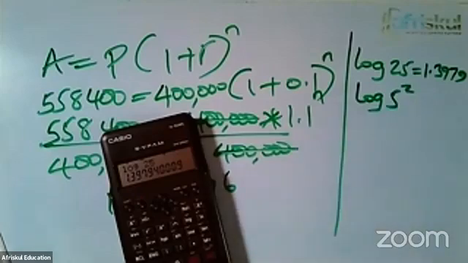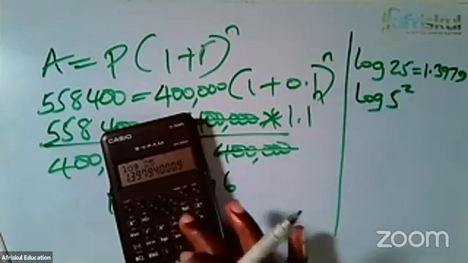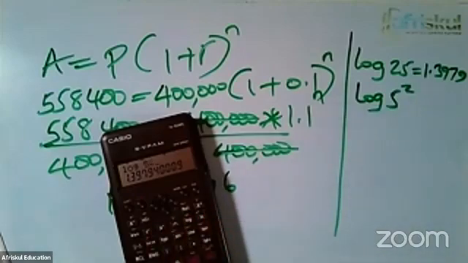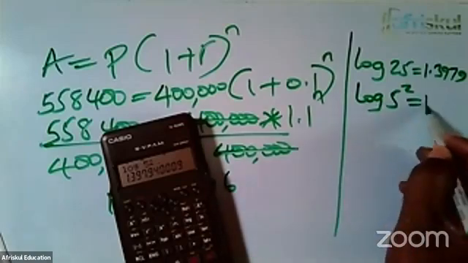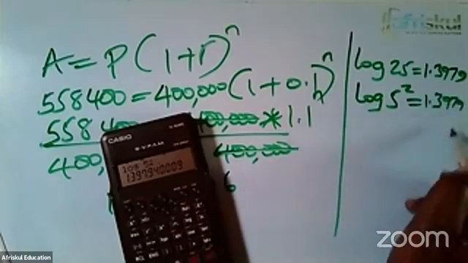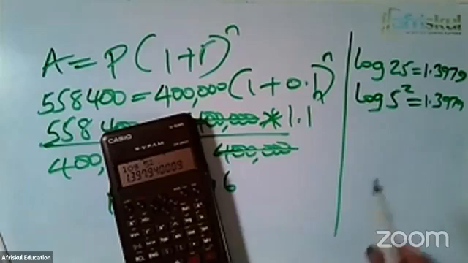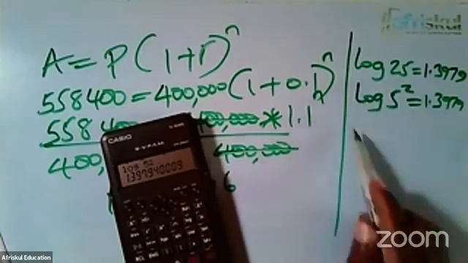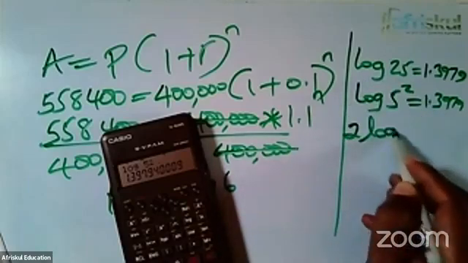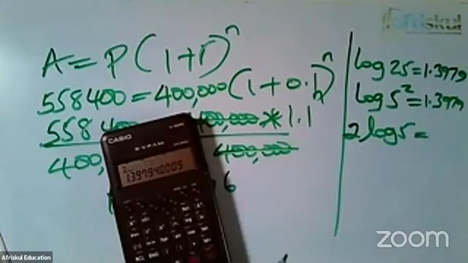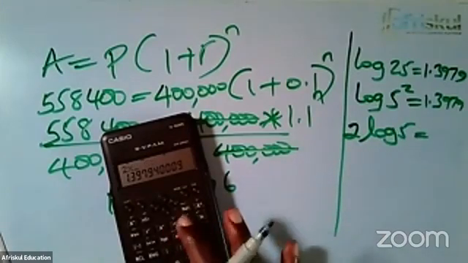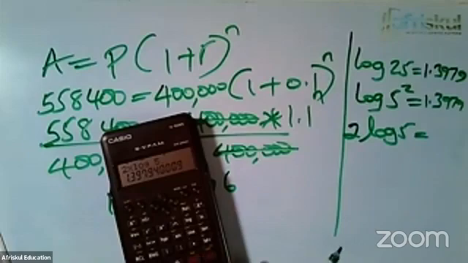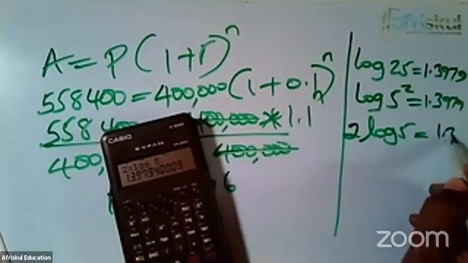You know, 25 is the same as 5 squared. Logarithm of 5 squared will give us the same thing, 1.3979. Now, remember the third law of logarithms. If you bring this down, we'll talk of 2 log 5. So 2 times logarithm 5, you can see again, we are getting the same.